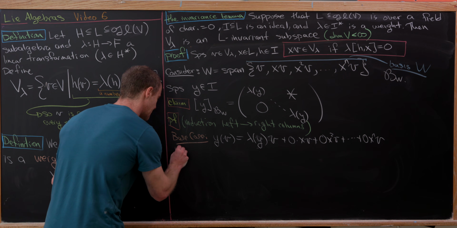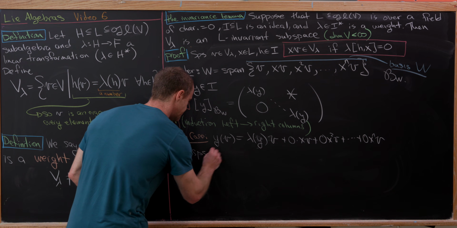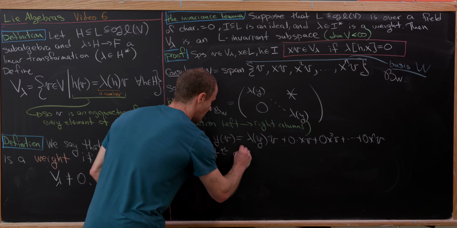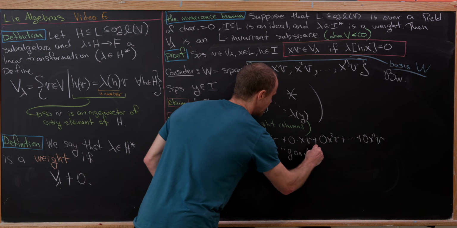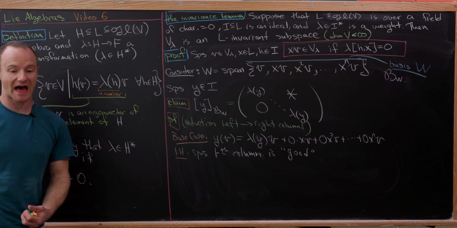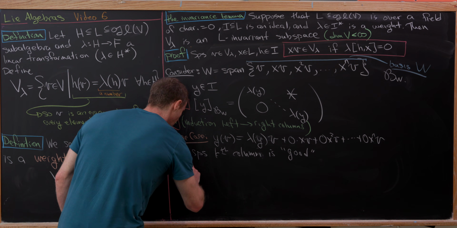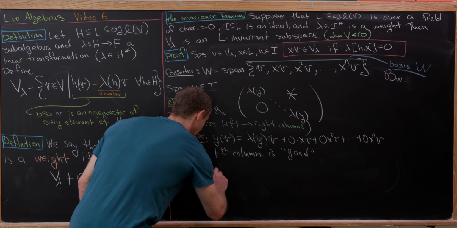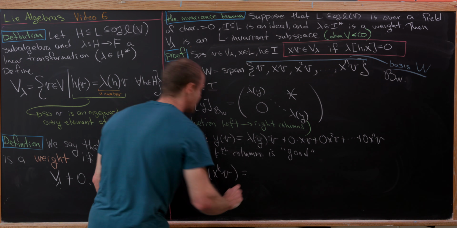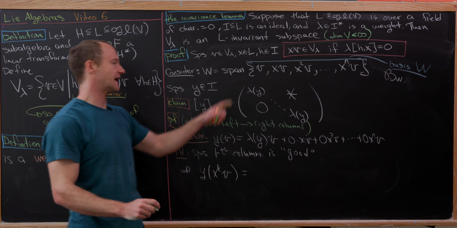And now let's make an induction hypothesis. Suppose the kth column is, well, what I'll call good. In other words, it's of that form. But the kth column being of that form means that y evaluated at x to the k v is only expressed with powers of x that are k and lower.